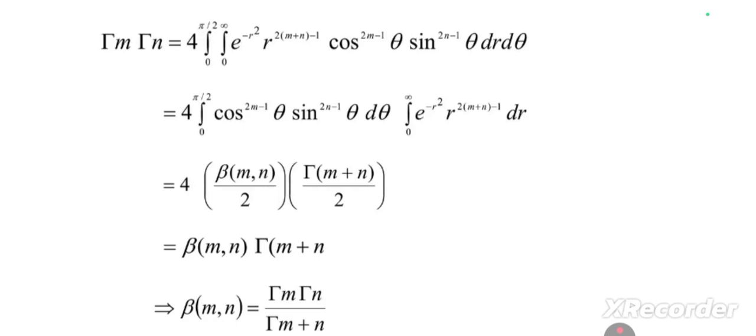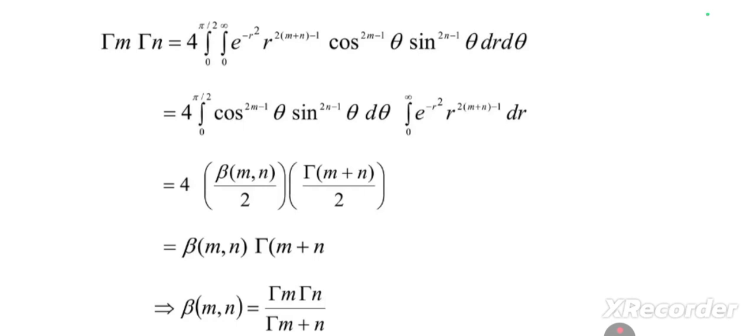Take r square as common, sin squared plus cos squared is 1. So e power minus r squared. We obtain e power minus r squared. In the next part, we will be having x power 2m minus 1 into y power 2n minus 1 into dx dy.